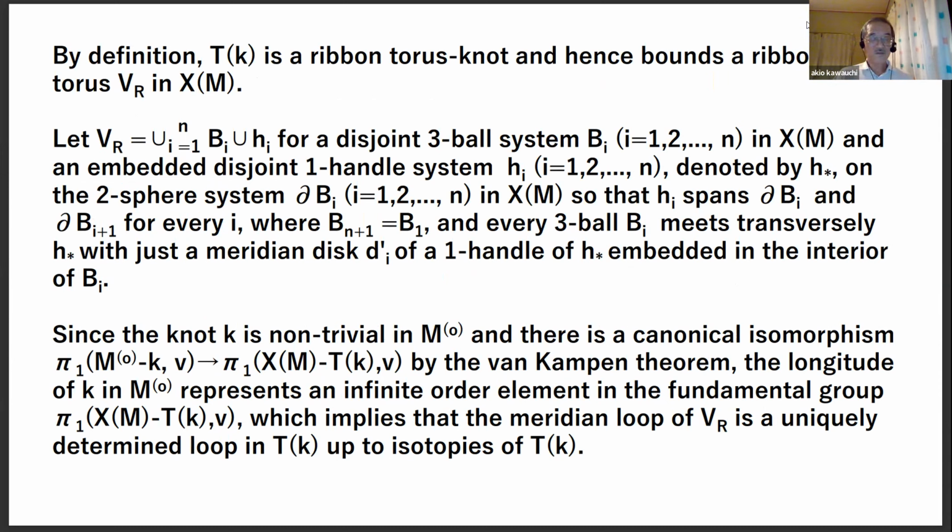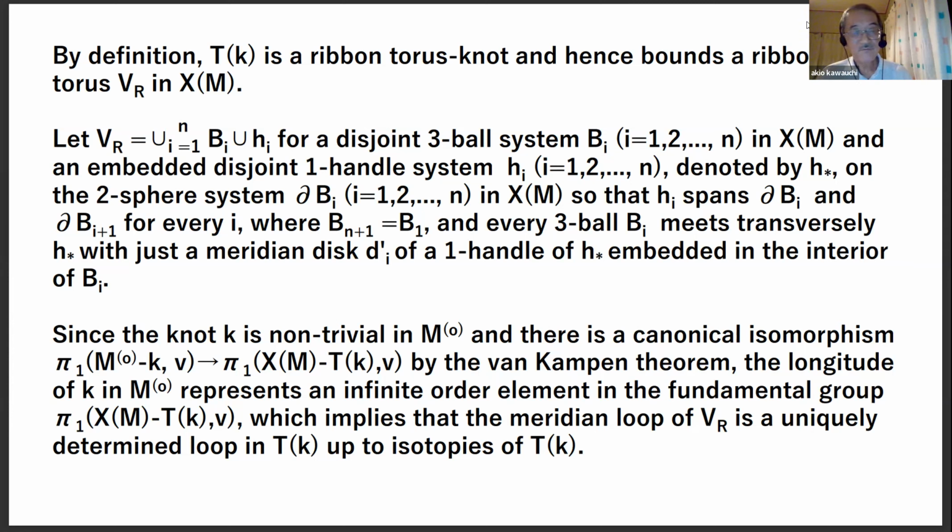A ribbon torus knot is a torus with ribbon singularity, which is just a meridian disk intersection. VR is the union of BI and HI, with disjoint 3-balls BI in X and embedded disjoint 1-handle system HI, denoted by H star, on the two-sphere system, the boundary of BI in X, such that HI spans the boundary of BI and the boundary of BI plus 1 for every I cyclically.